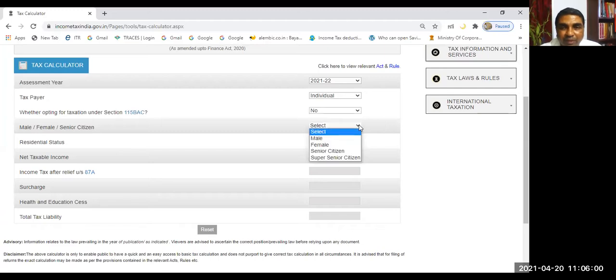Whether the person is male, female, senior citizen, anything you can choose. Residential status, let us assume the person is resident. Now you type your income, let us say income is 15 lakh. So one can find out how much tax is payable, how much education cess is payable. So without knowing much about income tax also, one will be able to find out what his tax liability is. Understood it? Tax calculator.